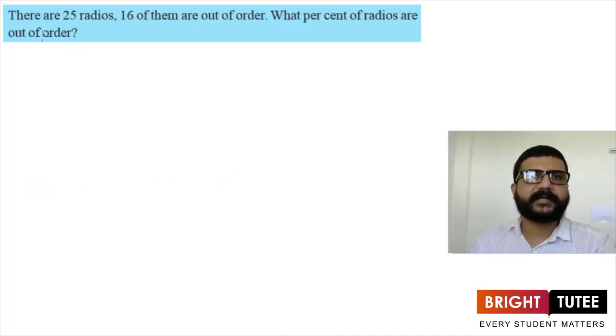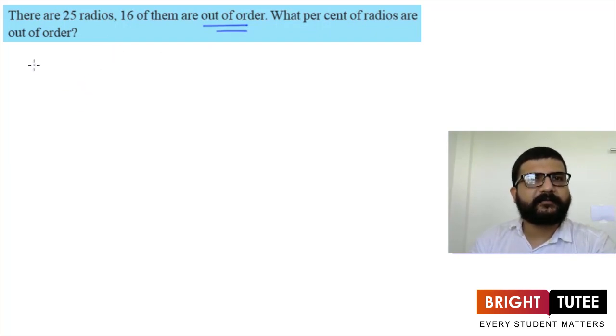Now here is the next question. There are 25 radios, 16 of them are out of order. What percent of radios are out of order? First let's find what fraction of radios are out of order.